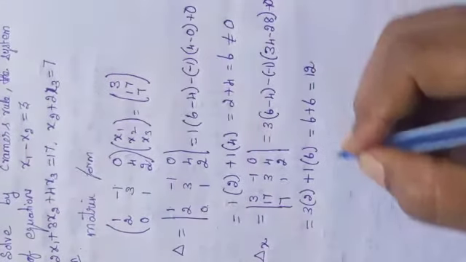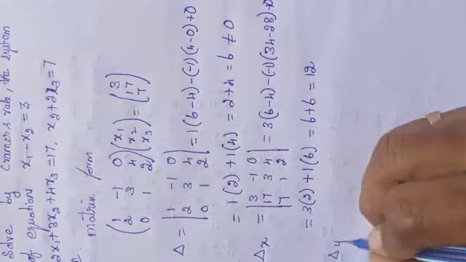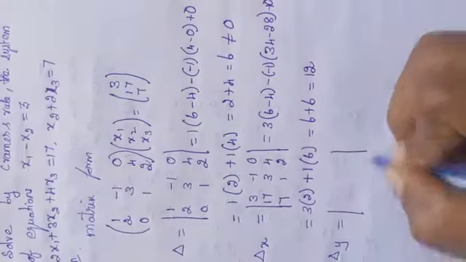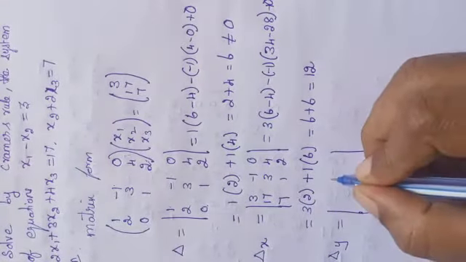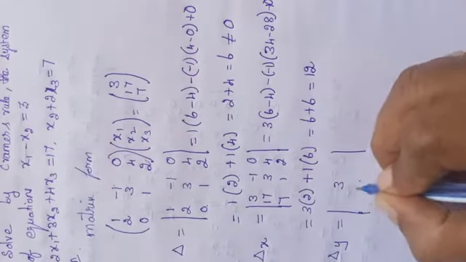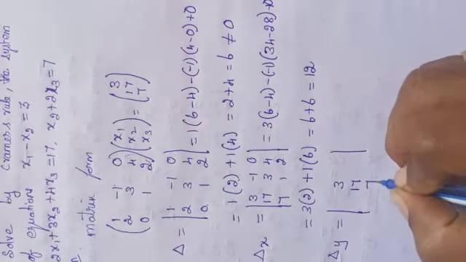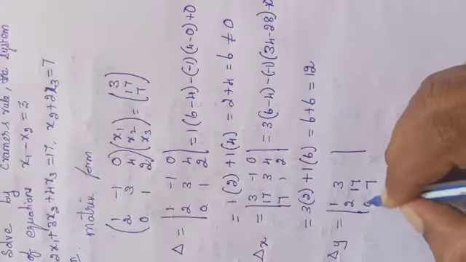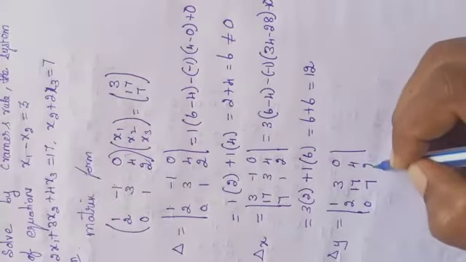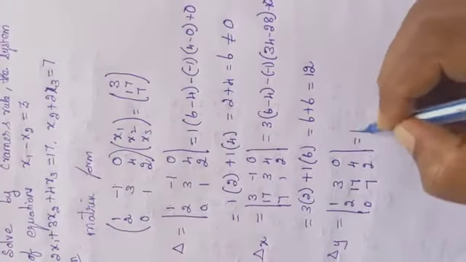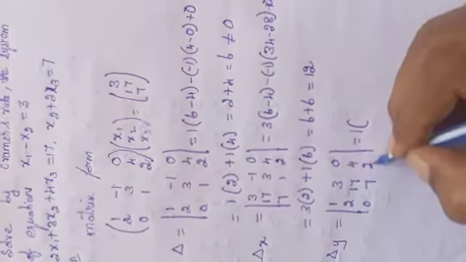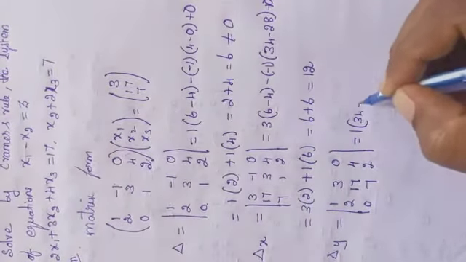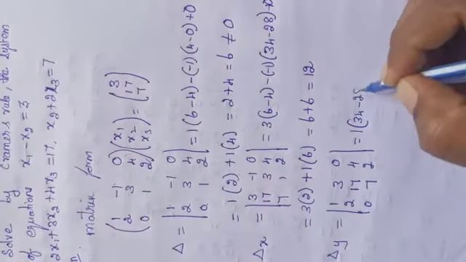Now we have to find out delta y. Delta y means in the determinant, in place of y, that's the middle column, we have to give the constants 3, 17, 7. So the first and third columns will be as they are: 1, 2, 0, 0, 4, 2. Now shall we simplify? 1 into 17 into 2 is 34, minus 7 into 4 is 28.